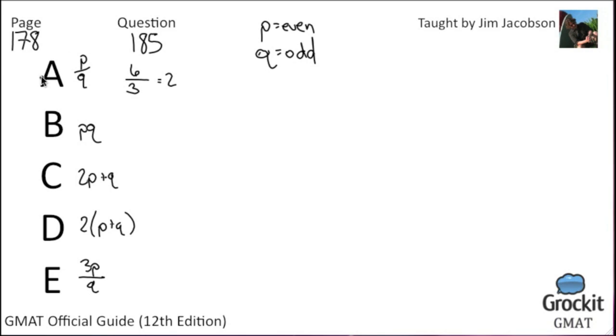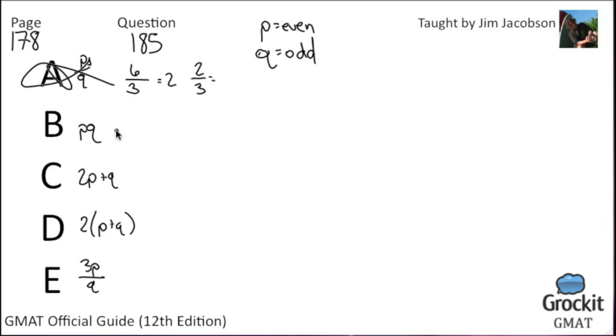Which rules out answer choice A. We're looking for the one that must be odd. On top of that, what if P is 2 and Q is 3? That doesn't even equal an integer. And we're looking for the answer that must be an odd integer. So answer choice A, you have let us down.